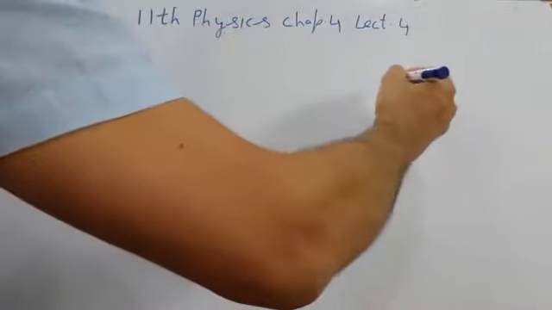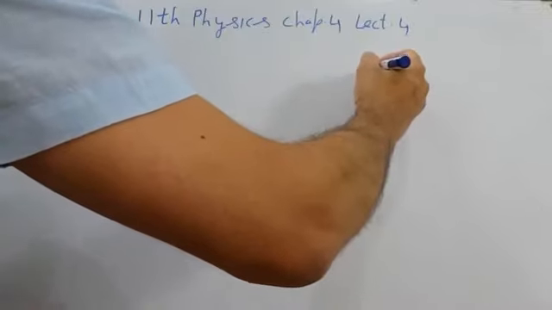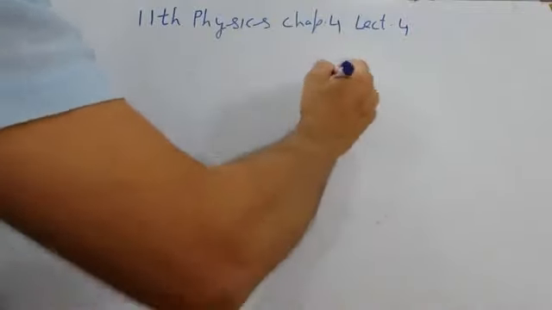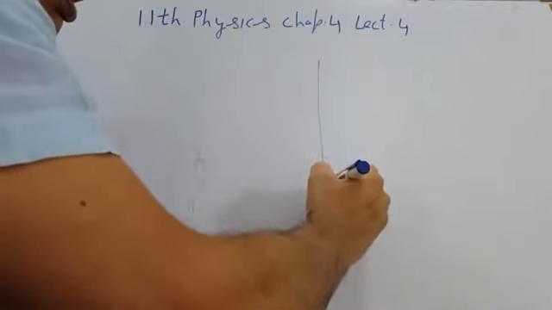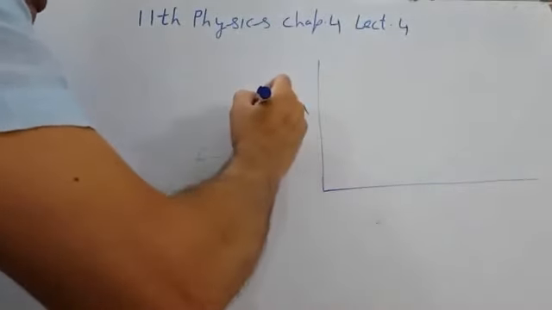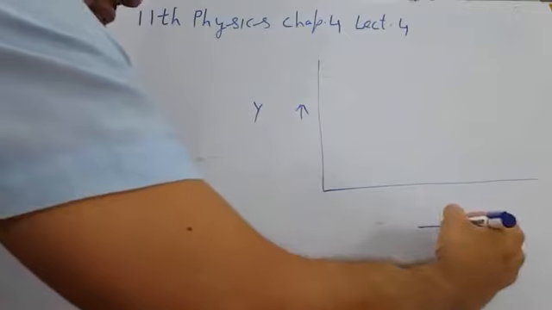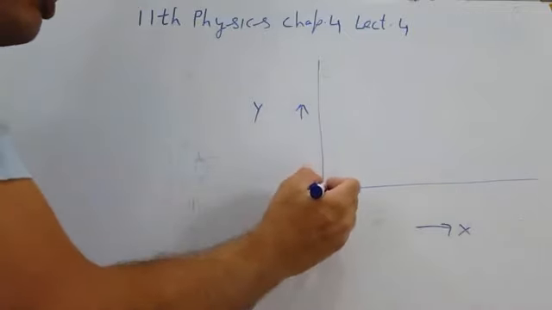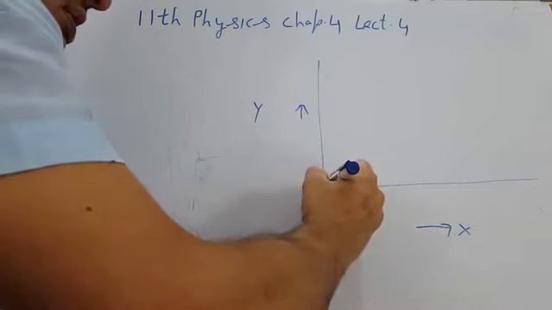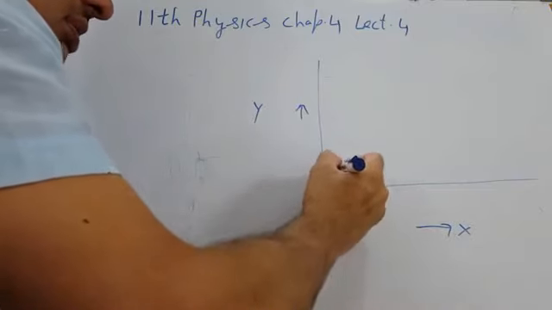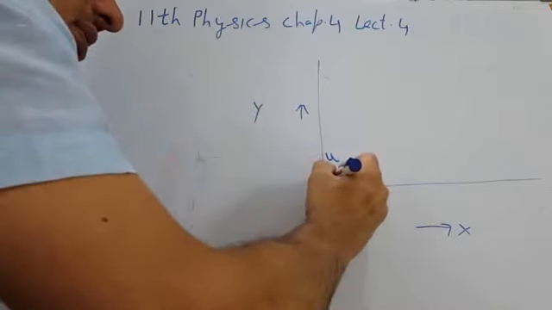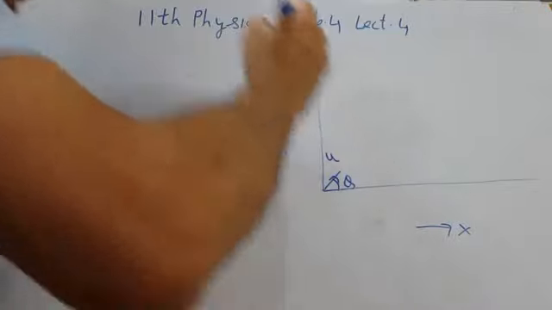So now I am representing, suppose this is our y-axis, this is the x-axis, and the object was thrown from this point making an angle theta with this horizontal. It was thrown in this direction with initial velocity u along this direction, and this angle is theta.